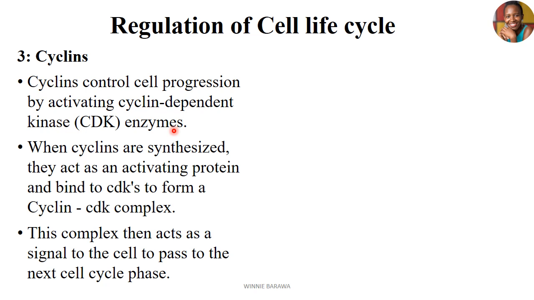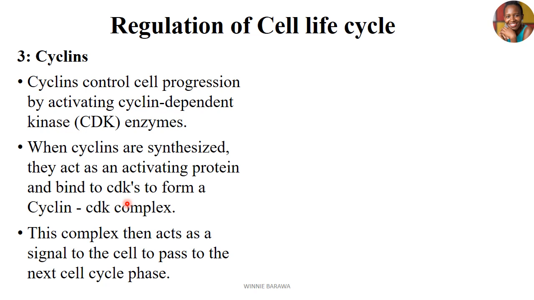When cyclins are synthesized, they bind to the CDKs, the cyclin-dependent kinase enzymes, to form what we call the cyclin-CDK complex. This complex then acts as a signal to activate the cell to proceed to the next cycle.